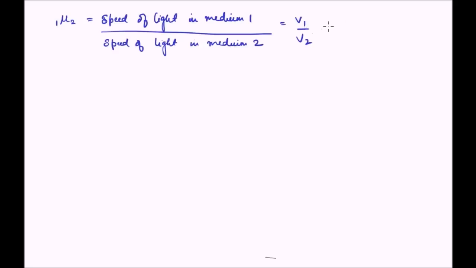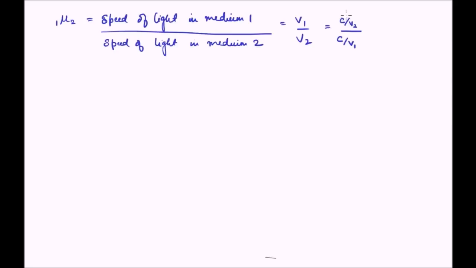Now this, what can we do? We can do some manipulation here. How? We can write this as C upon V2 the whole divided by C upon V1, right?